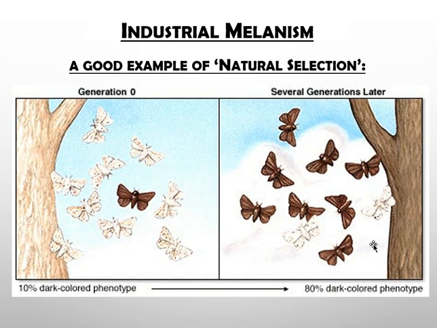So, it was easier for the lighter moths to camouflage, and the darker moths were easily spotted and predated by various insectivorous birds, thus keeping the population of darker peppered moths very low.